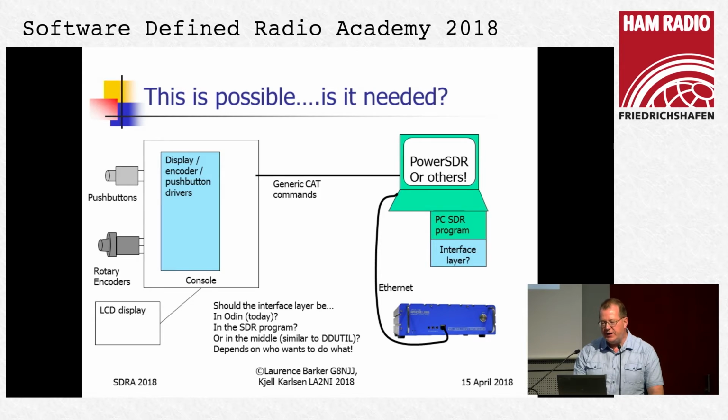Well, instead, that interface layer could be somewhere else. It could be built into the PC programs, or it could be another layer that sits in the middle in the same way that DD-util apparently works. It's not clear what the right thing to do is. There are other approaches that could be taken from the one that we've used.